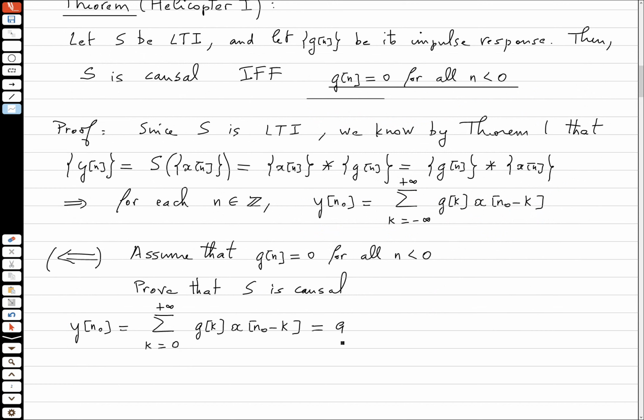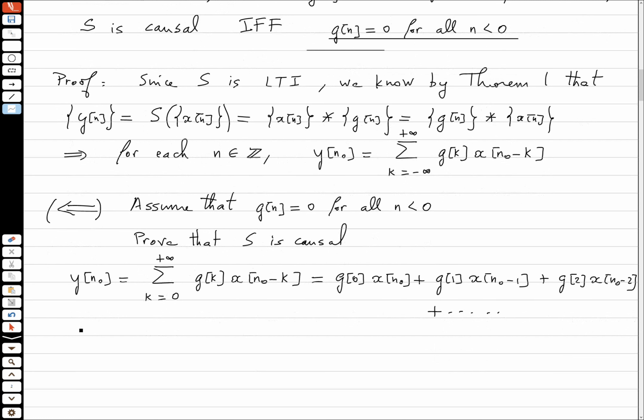At k equals 0, you get this, then next this. Can we conclude?